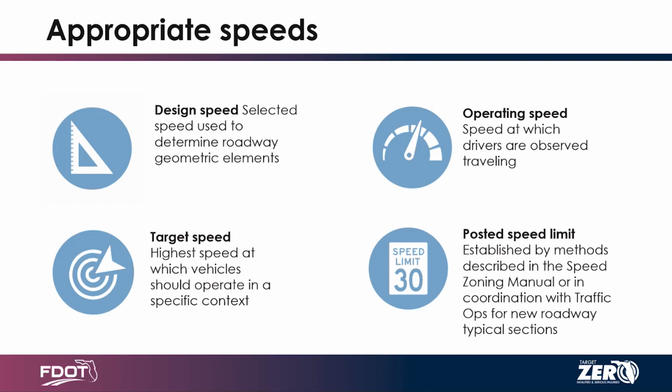We want to say that, based off of the characteristics of this roadway, this is the safe speed and what people should be traveling at. And then the posted speed is what is actually put out on the corridor as direction to the traveling public. Ideally, all of these will align. So this is an important concept to get. Is there anyone that has any questions on that concept?